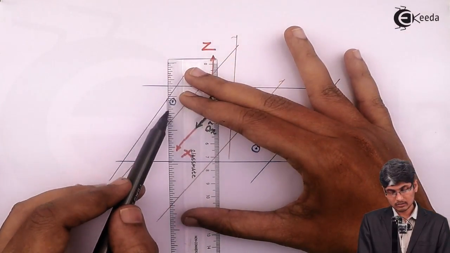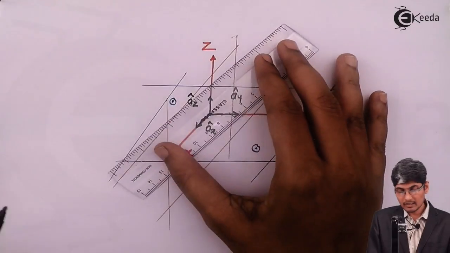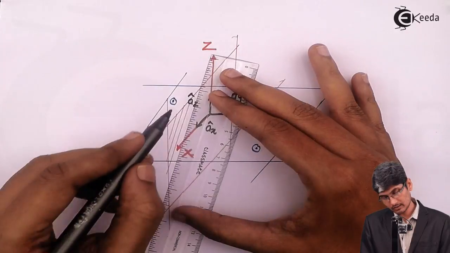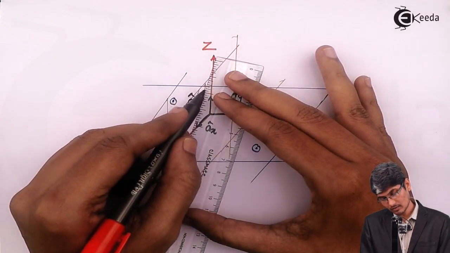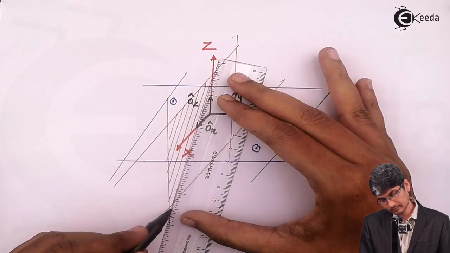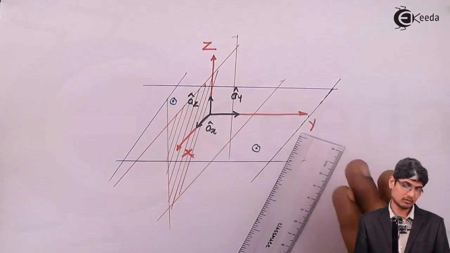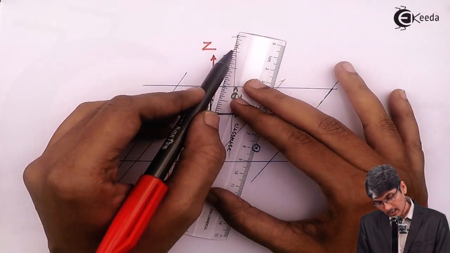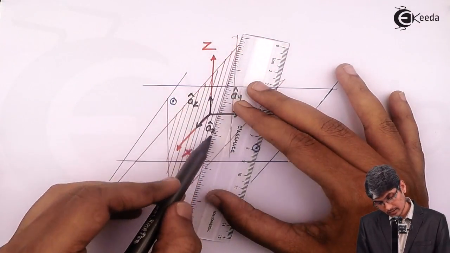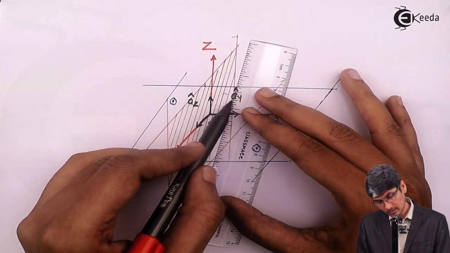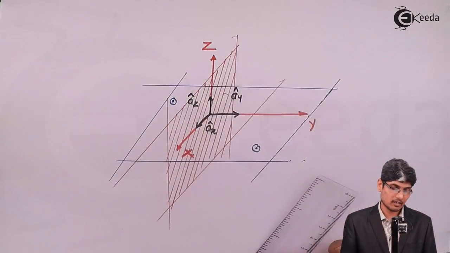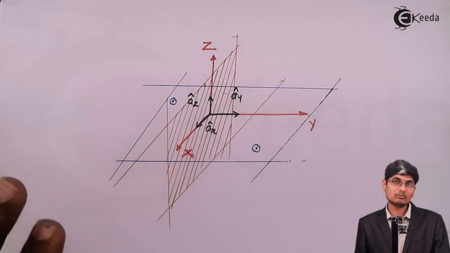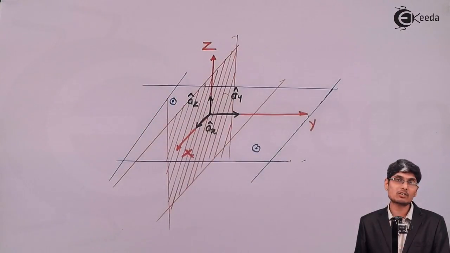The plane that you see over here, which is standing on the sheet, is nothing but my xz plane, which is standing like this. The plane which is sitting on the bottom, on the sheet of paper, is the xy plane.